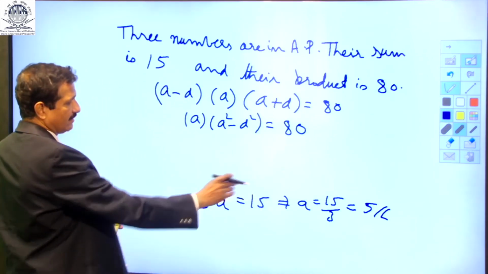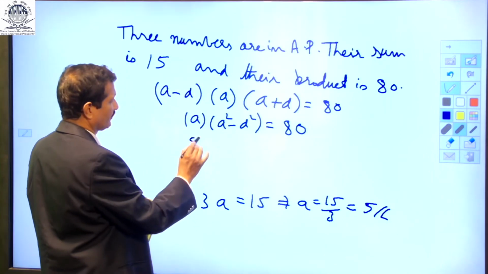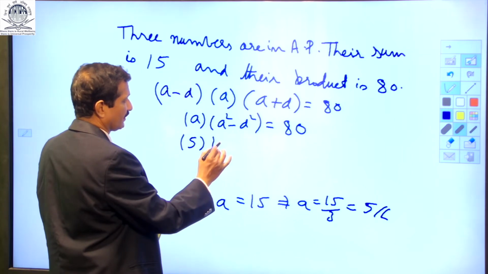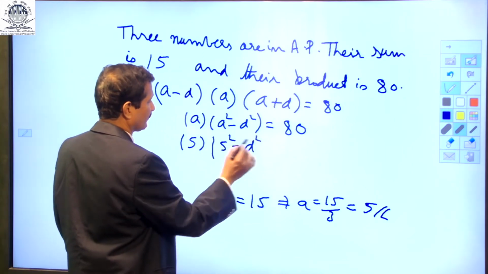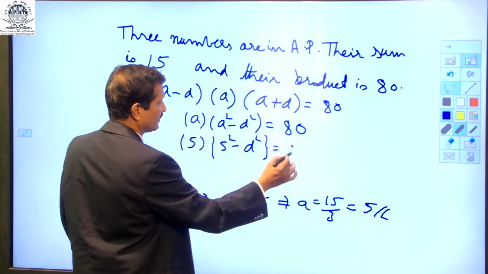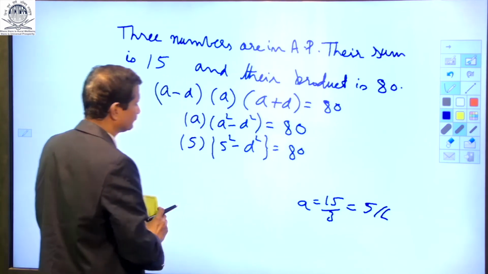We have already arrived at A, so A is 5. 5 into 5 square minus D square is equal to 80.